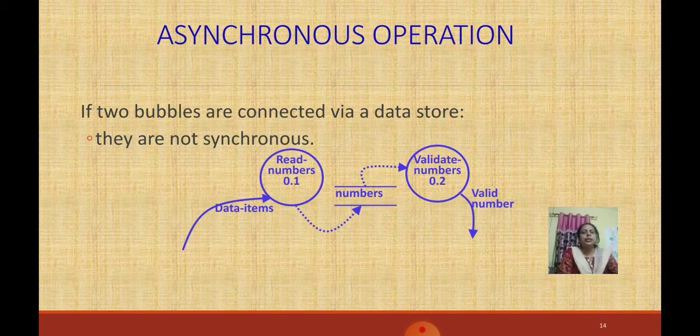In this case, read numbers, the data goes to the data store number, and from the store number the data goes to the validate number. Means in between the two processes there is a data store, called number. So it is an asynchronous operation.